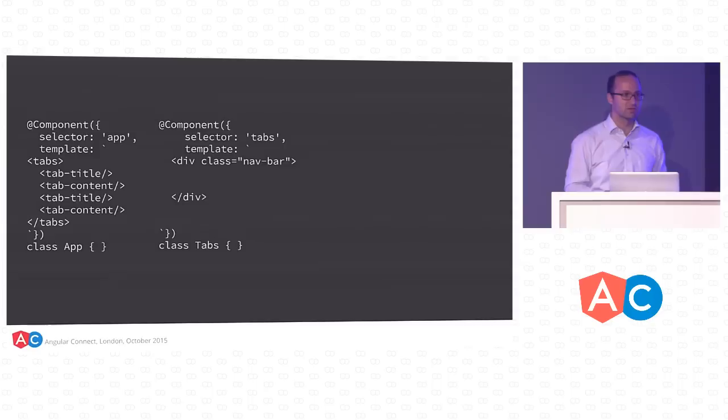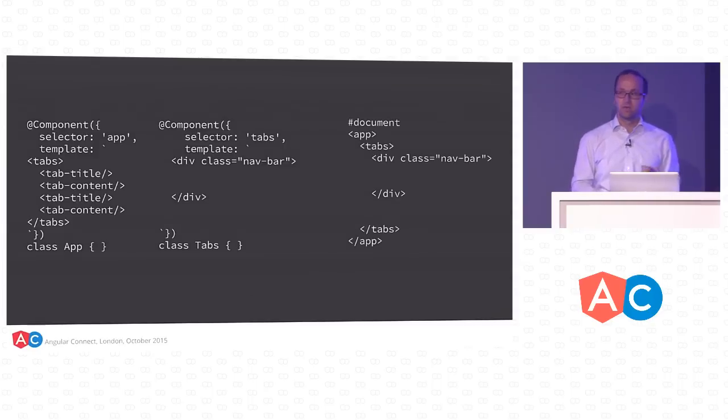Let's run the application. If we run it, we see something like this in the DOM. When you would inspect it with the browser tools, you would see the document. Under the document, you would see the app element, the tabs element, and inside of the tabs element, you would see this navigation bar, this div. But you would not see any tab title or tab contents.